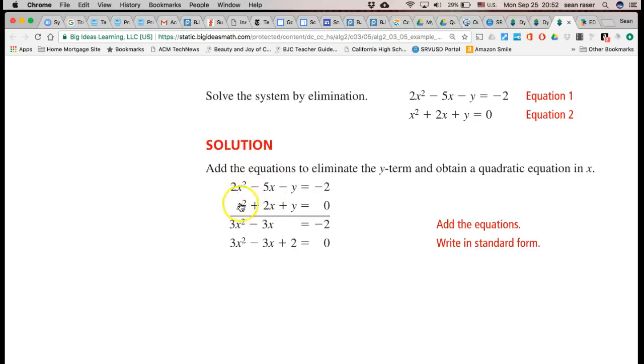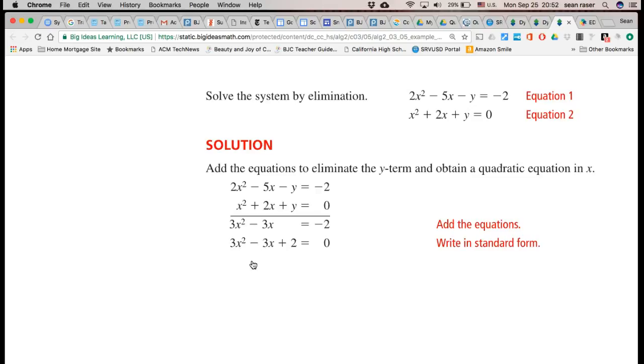So your x squareds have to be added together, and your x's have to be added together. So when we add these, we get 3x squared, we get minus 3x, the y's cancel, and we get that equals negative 2. Now, to solve the quadratic, we want to go ahead and move negative 2 over, so we add 2 to both sides. So here's our quadratic now.